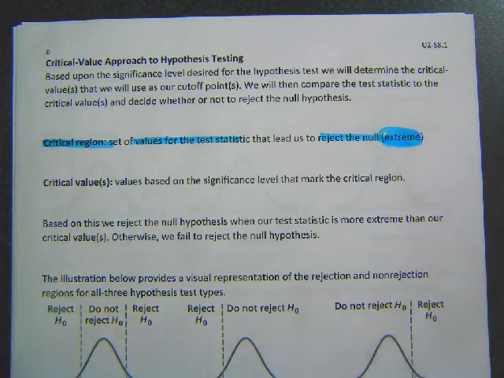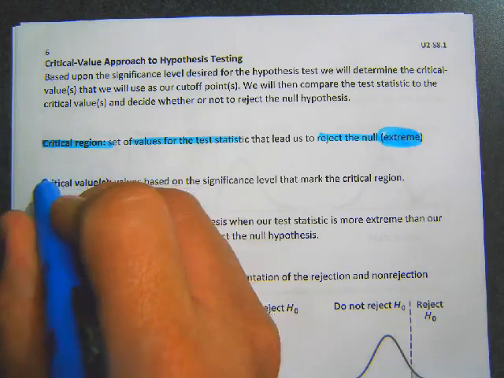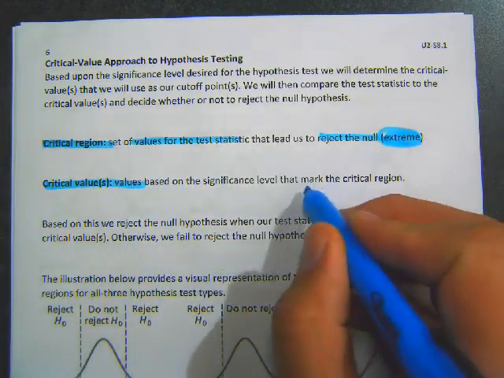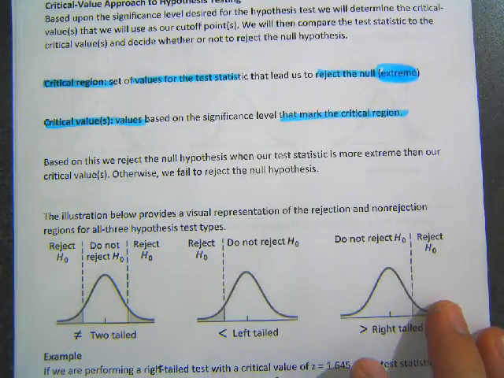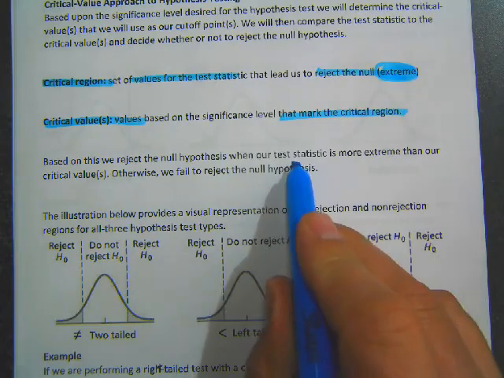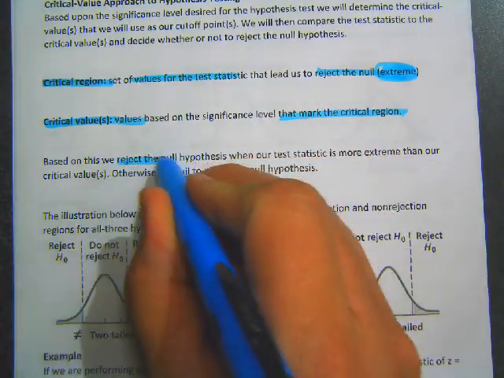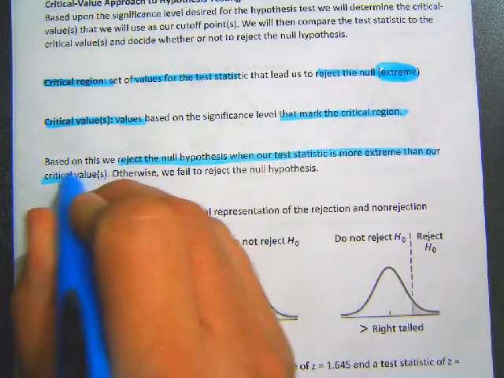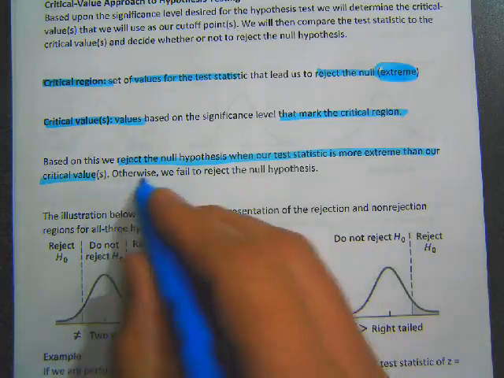The critical values are, again, how we figure out the critical region. So critical values are the values that mark the critical region. And again, these come from your significance level. Okay, so based on this, we're going to reject the null if our test statistic is more extreme than our critical values. If it's not more extreme, if it's less extreme, then we'll fail to reject.